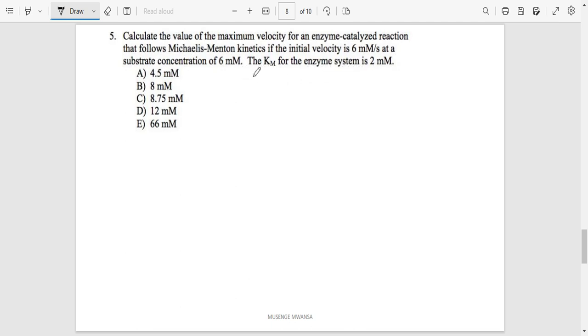So what do we have? We have got the initial velocity, which is 6 millimolar per second. And then we have got the substrate concentration, which is 6 millimolar. And then we have got Km, and that is 2 millimolar.